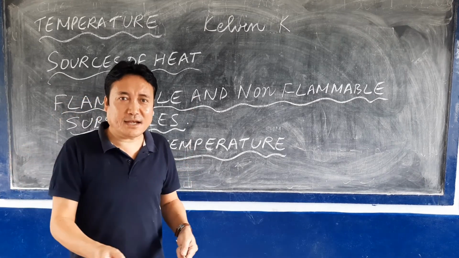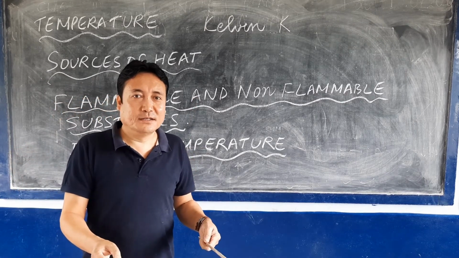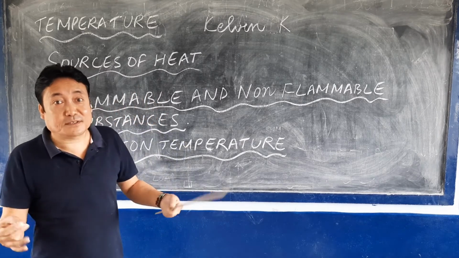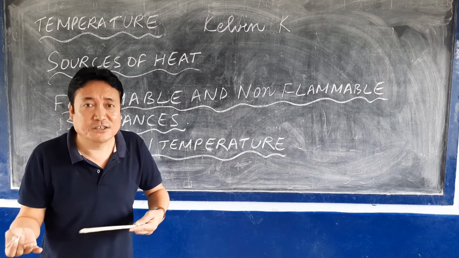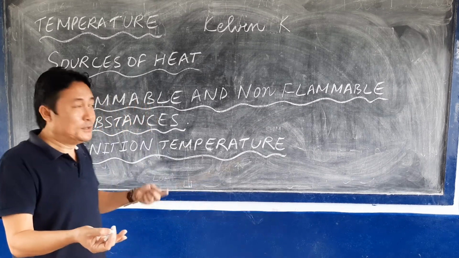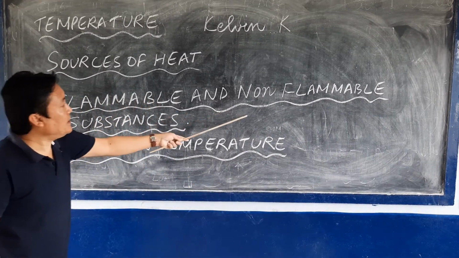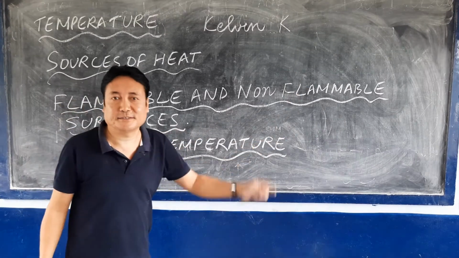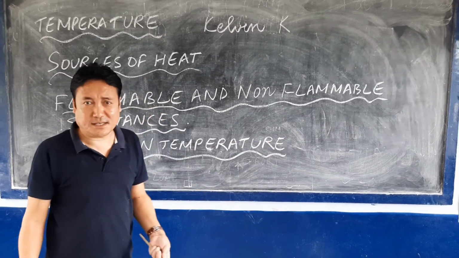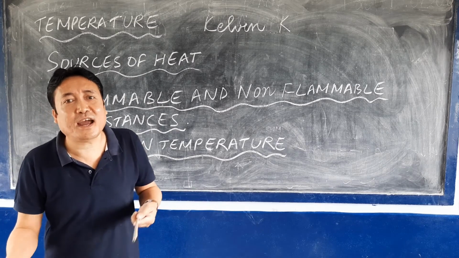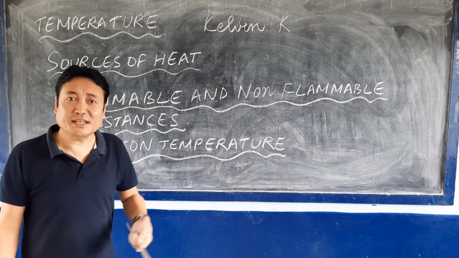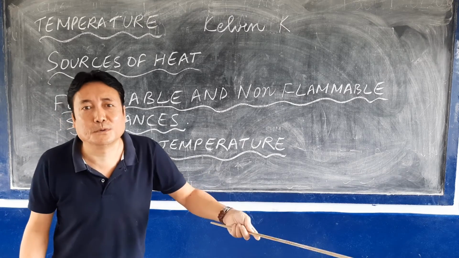To know what kind of substance catches fire and what kind doesn't, we come to the next part: flammable and non-flammable substances. Flammable substances are those which catch fire at once, very easily, because their ignition temperature is very low.